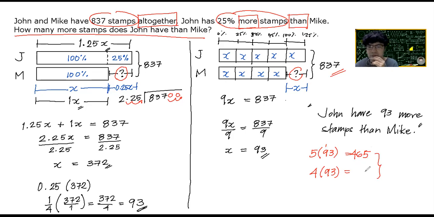So 3 times 4 is 12. Regroup 1. 4 times 9 is 36 plus 1 is 37. Combining these numbers, so 5 plus 2, it will become 7. 6 plus 7 is 13. Carry 1. 1 plus 4 plus 3 is 8. So it seems like the number of stamps that they have is still the same altogether.